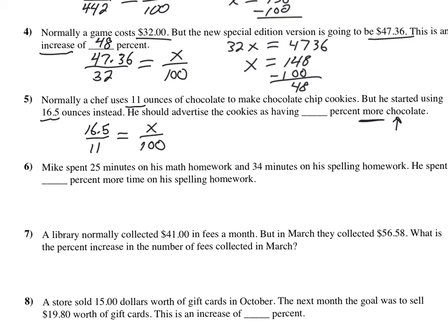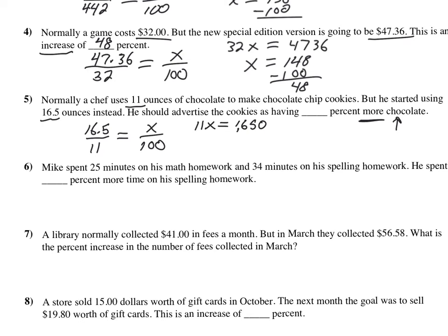And x over 100. So I get 11x is equal to 165, and I have to add a 0 because when I slide the decimal 2 places to the right, it creates the extra placeholder there.